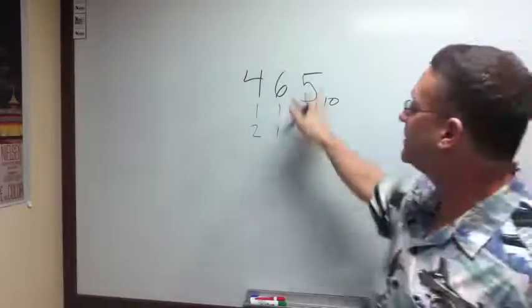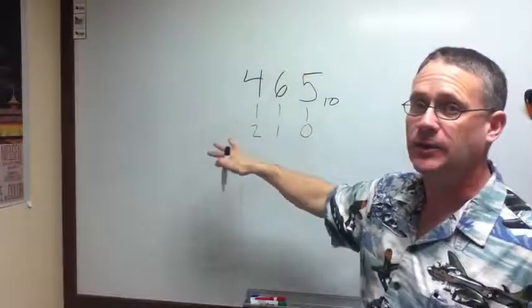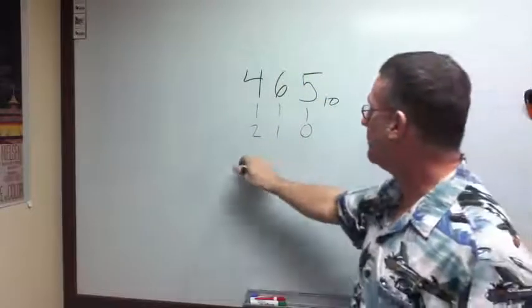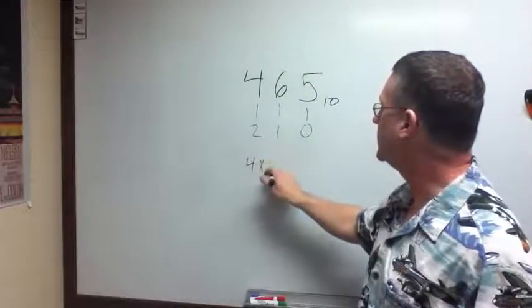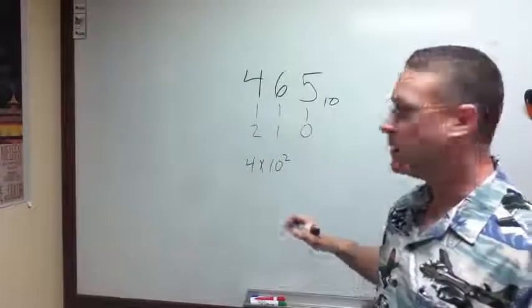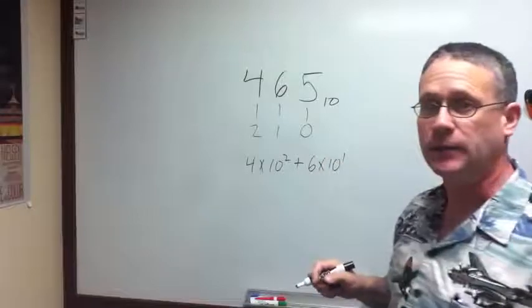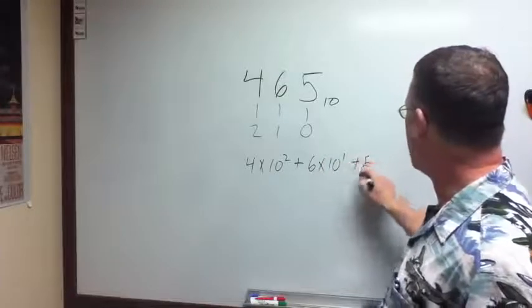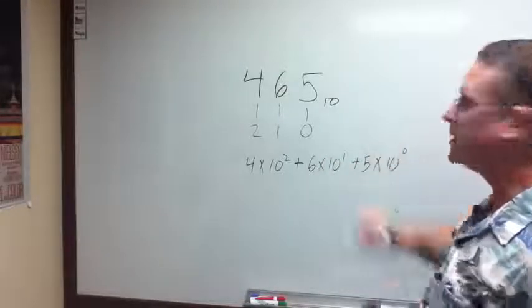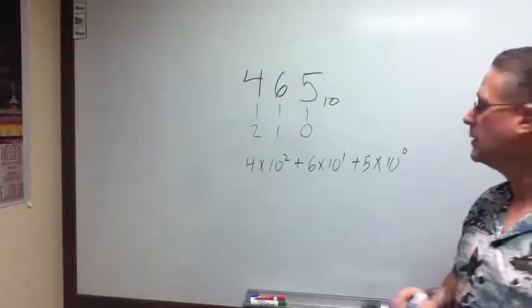Okay? So we could expand this number out and write it like this: 4 times 10 squared plus 6 times 10 to the first plus 5 times 10 to the 0, okay?